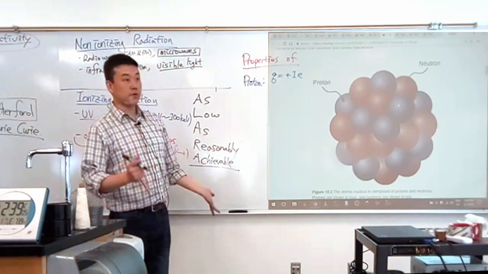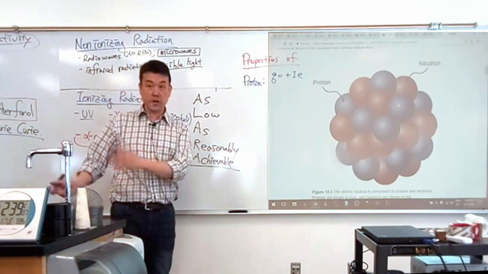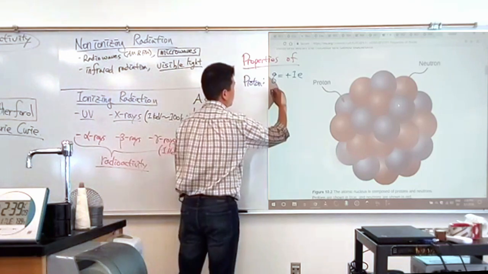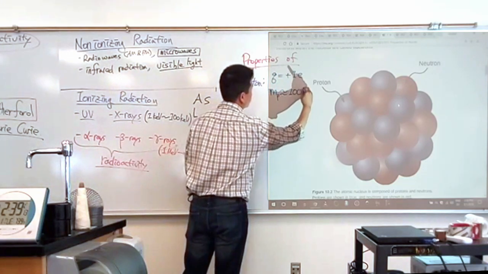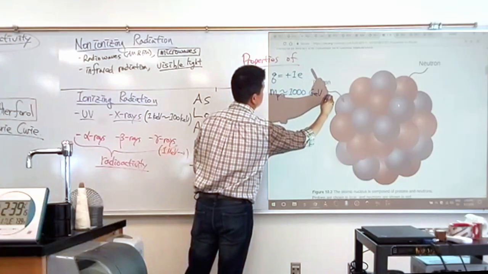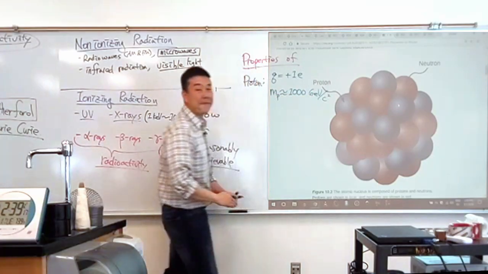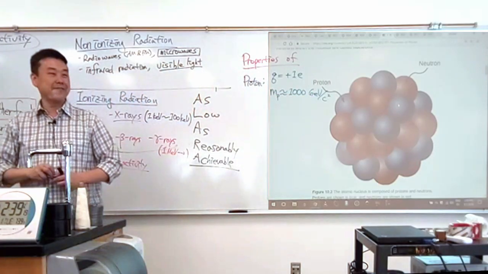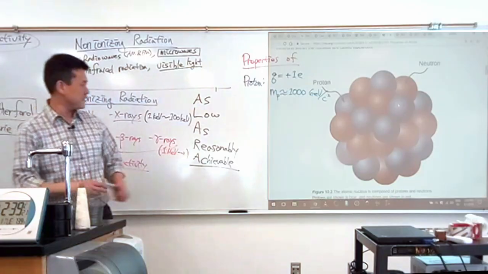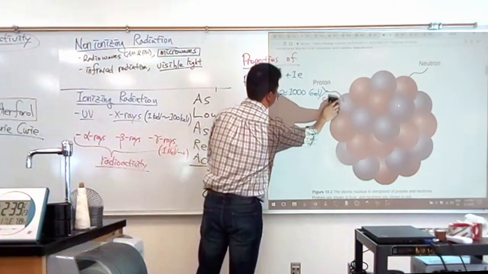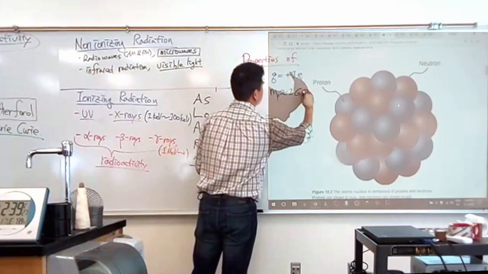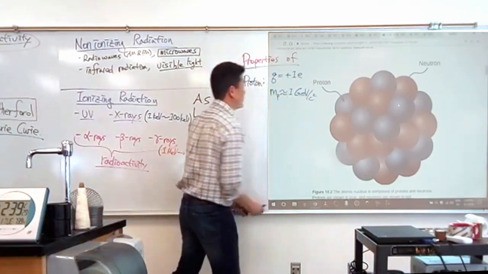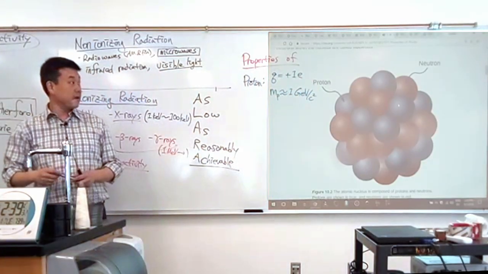And the mass of the proton, from the mass of the hydrogen atom, is approximately 1 GeV per c squared. That's the unit I have memorized. Not 1,000 GeV, that's not right. It's about 1 GeV or 1,000 MeV. So let me just write it as 1 GeV per c squared. That's the mass of the proton.